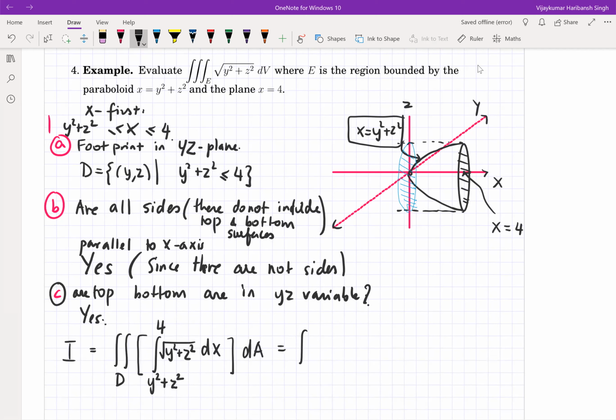And this will convert now to the integral over D of the integral of x dx, which is x, from y squared plus z squared to 4, dA.